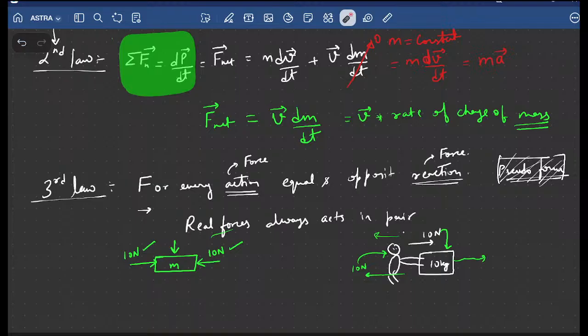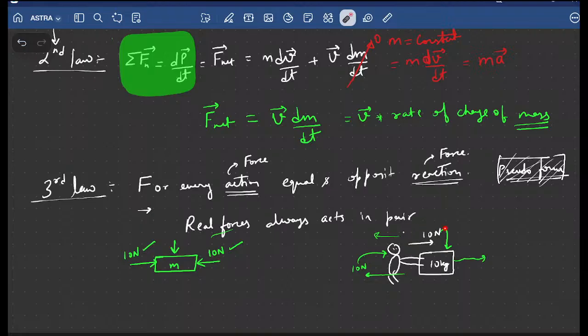Like in this case, you can clearly see that this 10 newton is acting from left to right, and this 10 newton is acting from right to left. Both are acting on the same body m, and they are equal in magnitude and opposite in direction, so they will cancel each other.